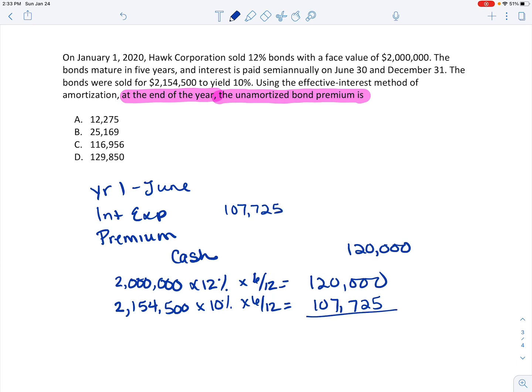I'm going to subtract those two to show how much I'm amortizing of that premium. But they want to know for the full year, so I'm not done.